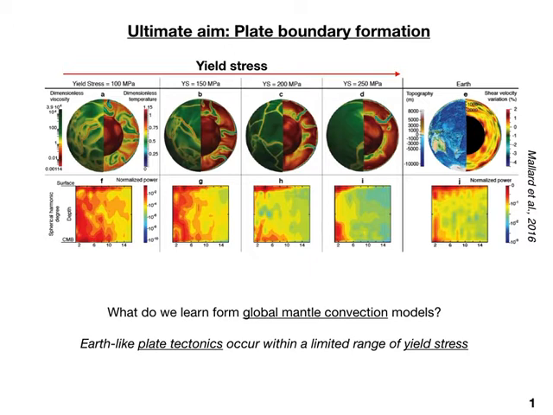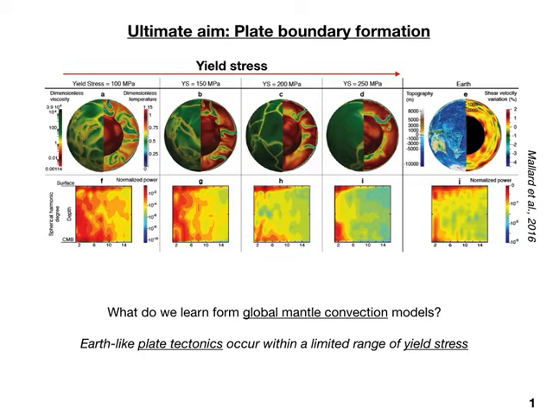This is an example of a global convection model showing the role of the yield stress on the formation of tectonic plates. Yield stress increases from left to right. For a yield stress of 100 megapascal, you have the generation of many plates, which is accompanied by the generation of numerous discontinuous slabs.